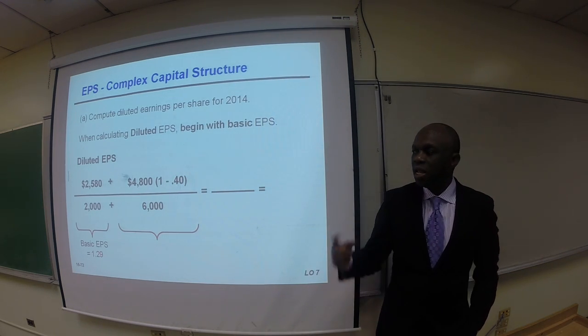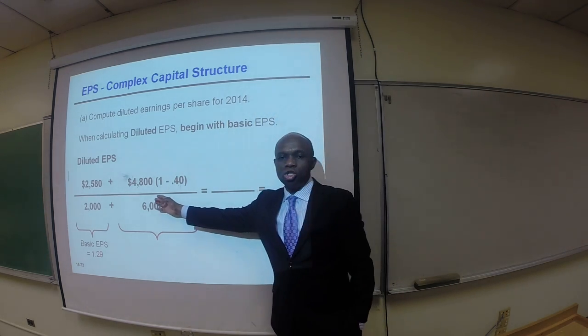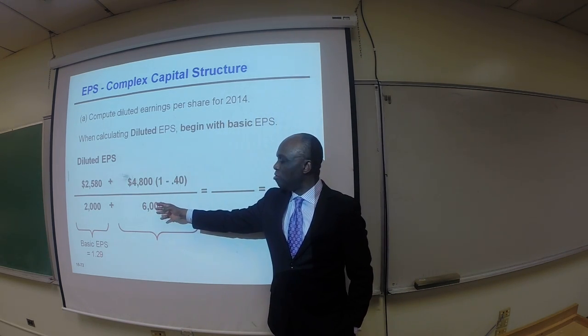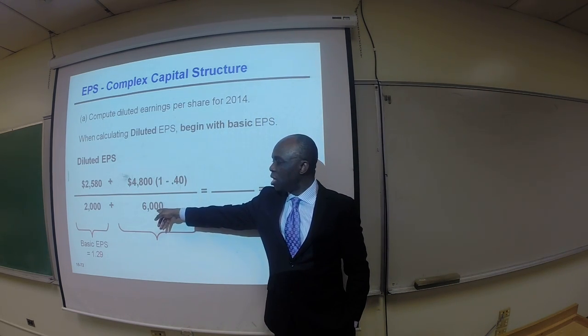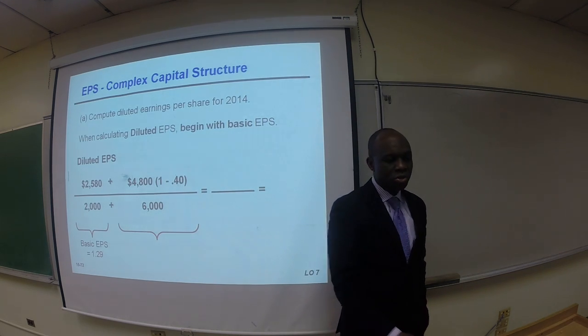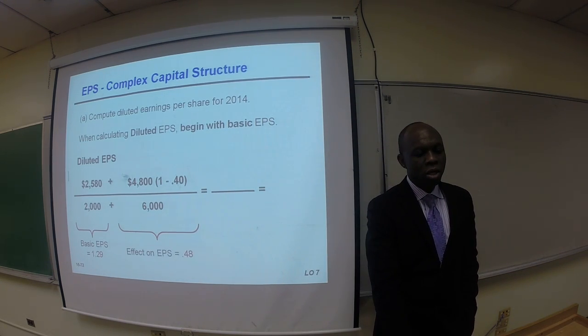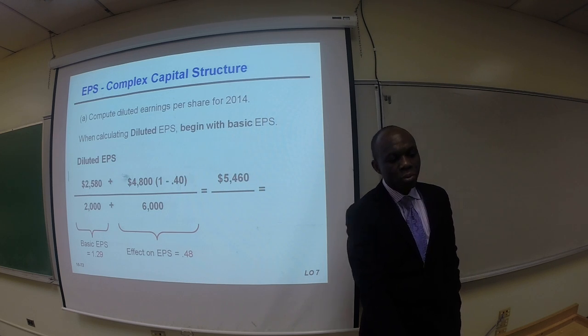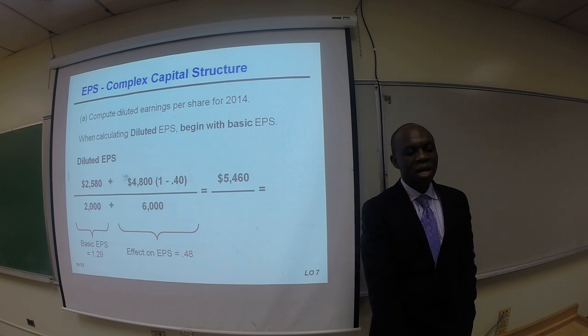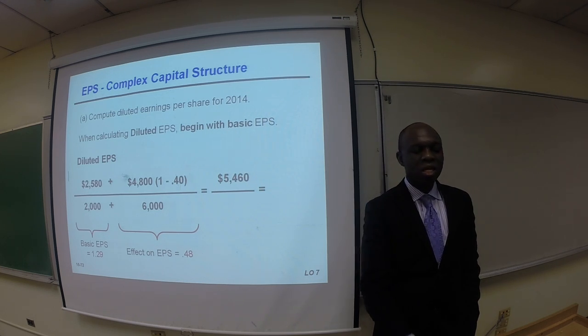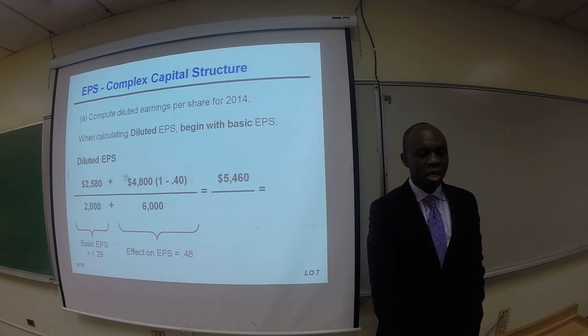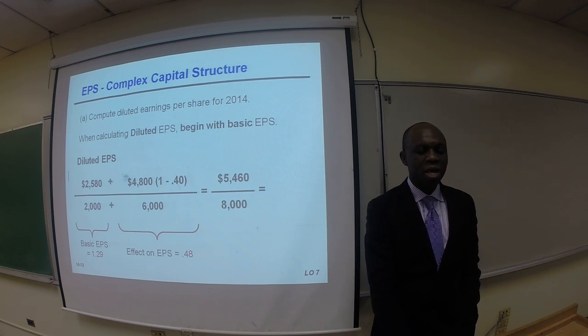Now we have to assume that the bonds have been converted to common stock. That results in an additional 6,000 shares of common stock. If you do the math, we now have 5,460 in the numerator, that is net income as adjusted. Now we have 8,000 shares outstanding.